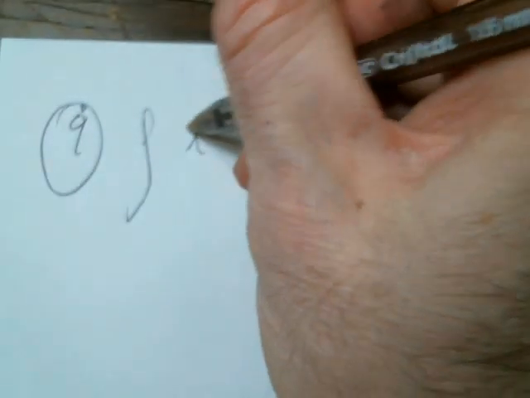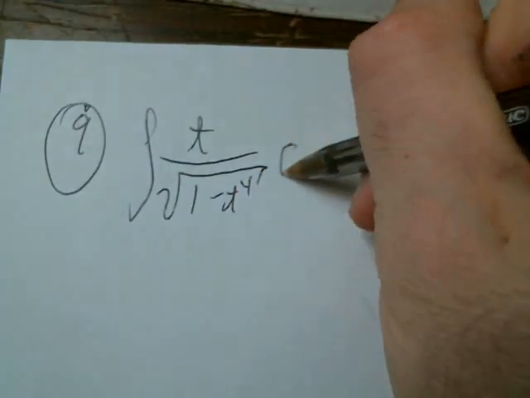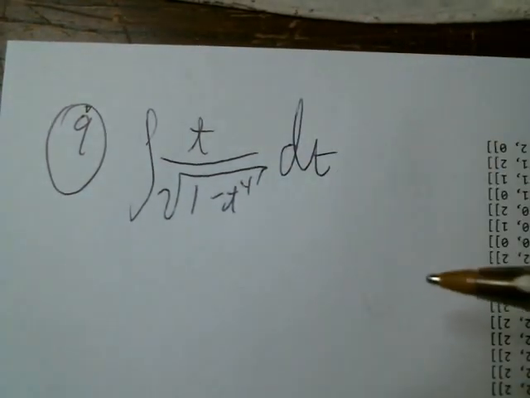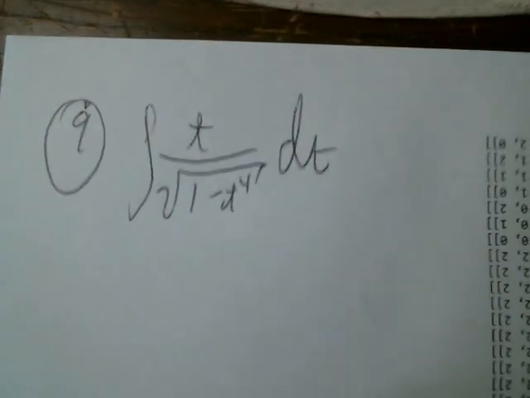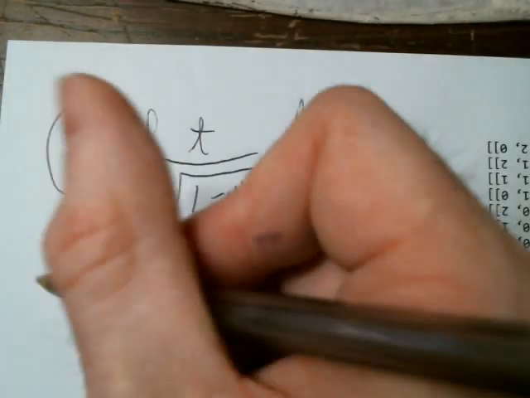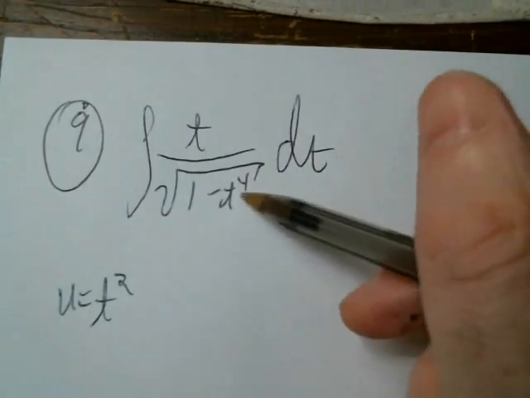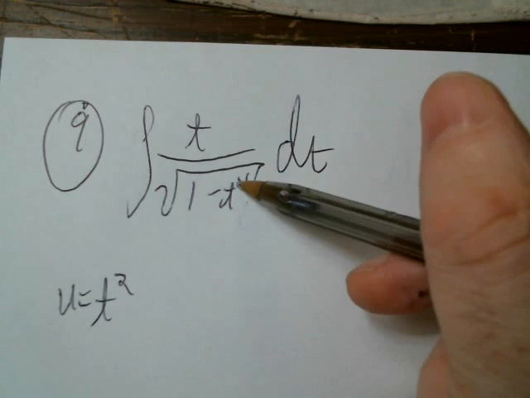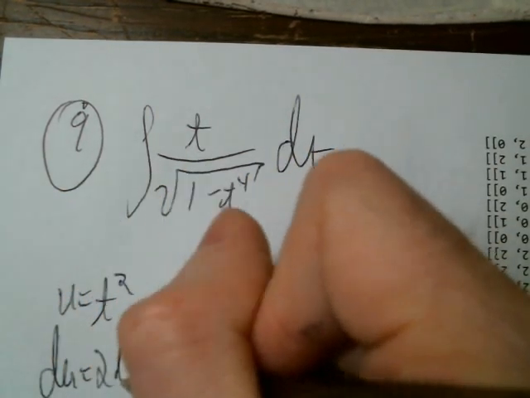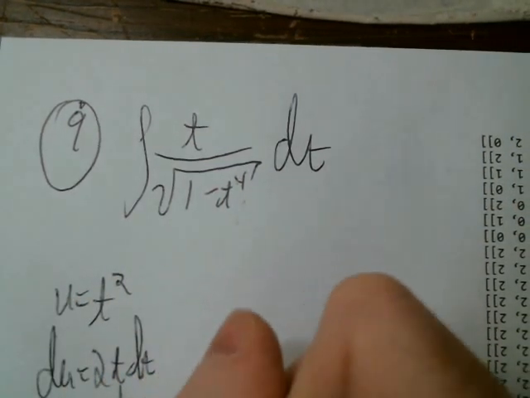And we have the integral of t all over the square root of 1 minus t to the 4th dt. Okay, so you're trying to get it into the form of the arc sine or the arc tan, and so you want like 1 minus u squared. So let u equal t squared. And then when you do your replacement, this thing will be 1 minus u squared. Right? Okay, so du is 2t dt, and then dt will be du all over 2t.